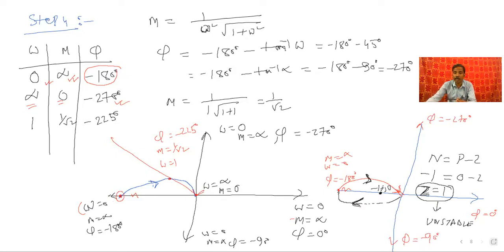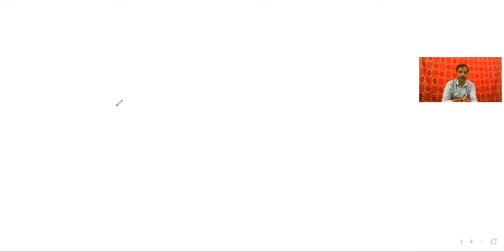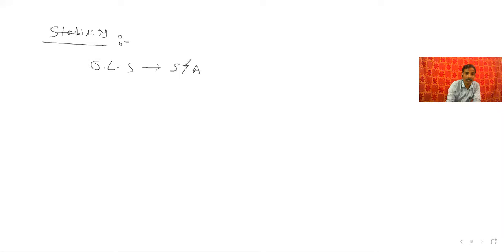So what is the stability? Open loop system stable because all the poles, S equals to 0, S equals to 0, S equals to minus 1, are in the left hand side of the S plane.